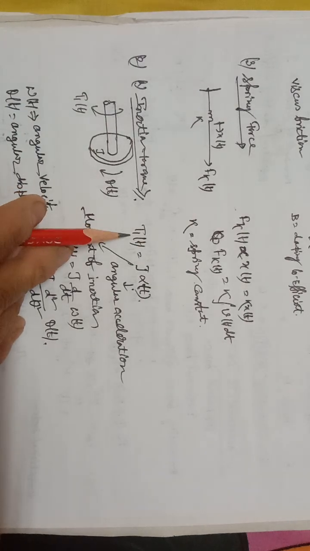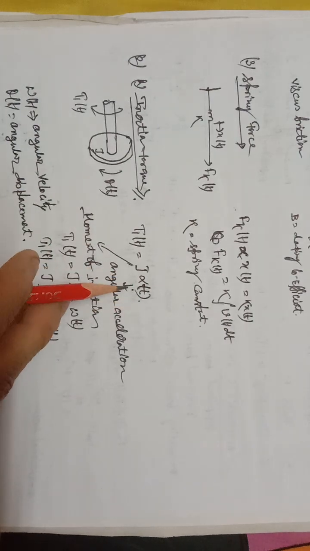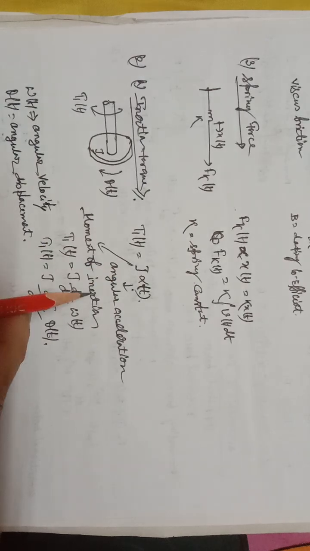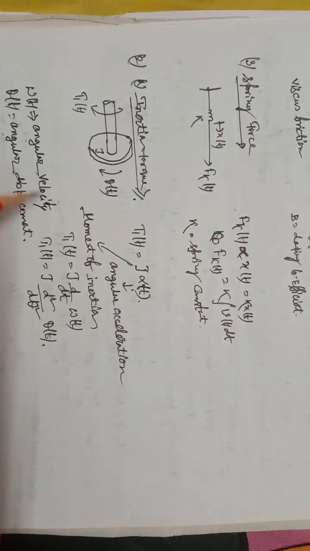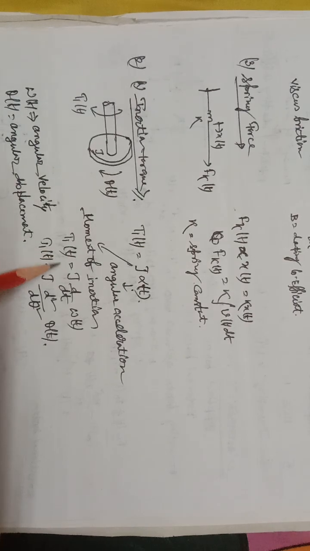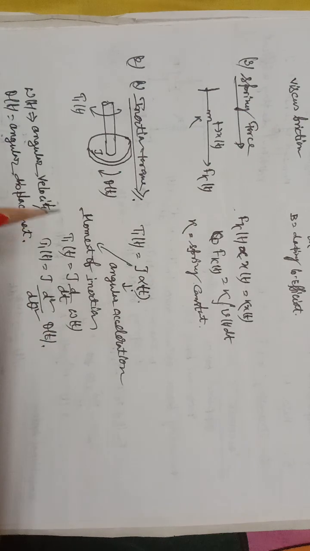Now here the applied torque T1 is equal to J into alpha(t). Here J is the moment of inertia and alpha(t) is the angular acceleration. Then T1 is equal to J d by dt into omega(t), where omega(t) is the angular velocity.